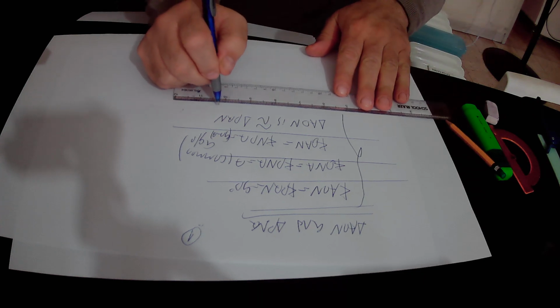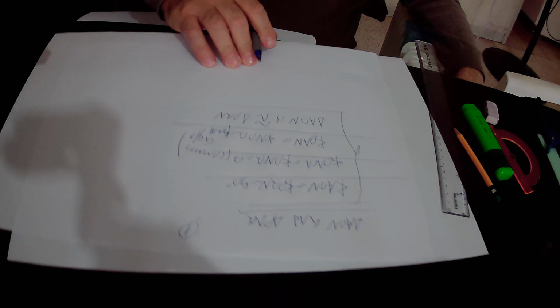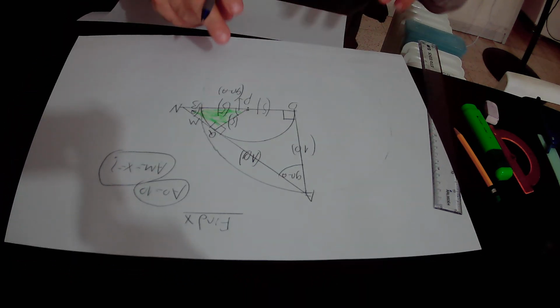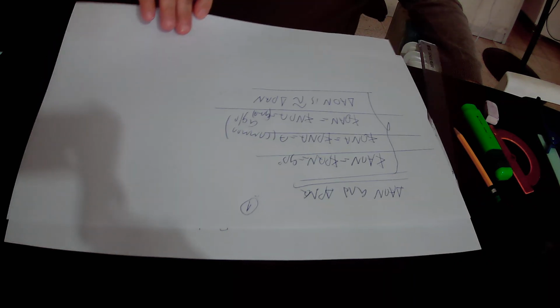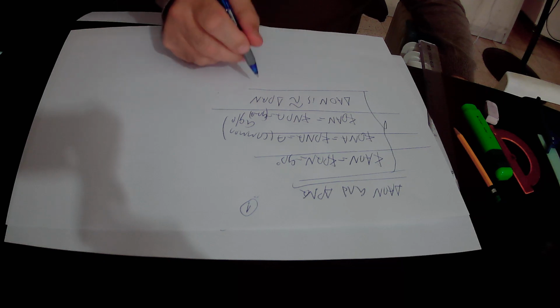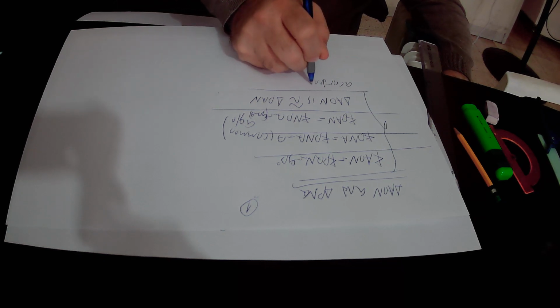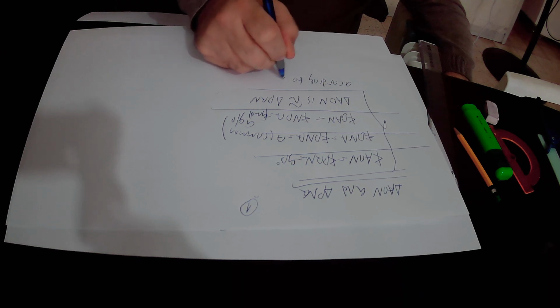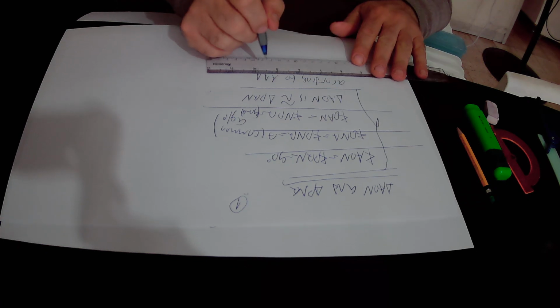We proved that those two right triangles are similar to each other according to the angle similarity rule.